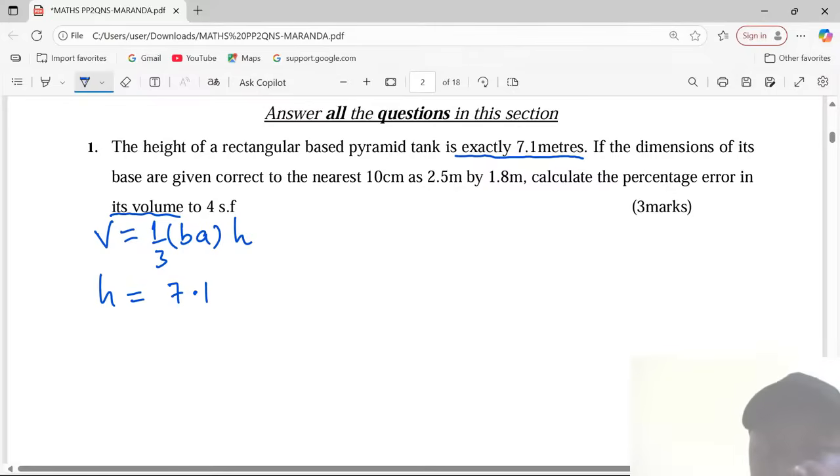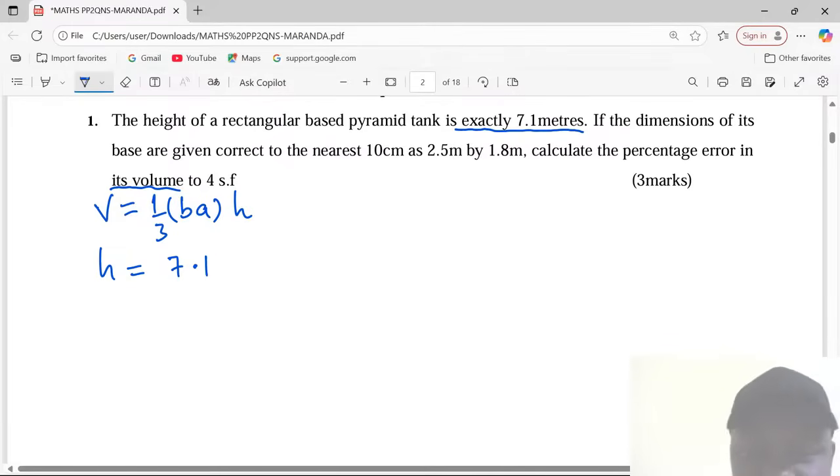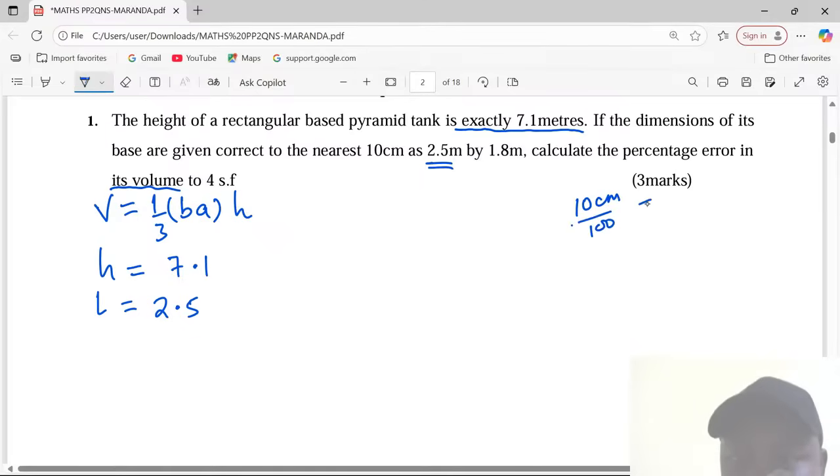But when we go to the base now, which is having a length and a width, the length is going to be 2.5. Now, 2.5 has been recorded to an accuracy of 0.1, because when you convert 10 centimeters by dividing by 100 to meters, it shall be 0.1 meters.